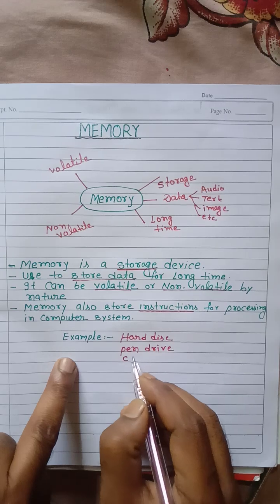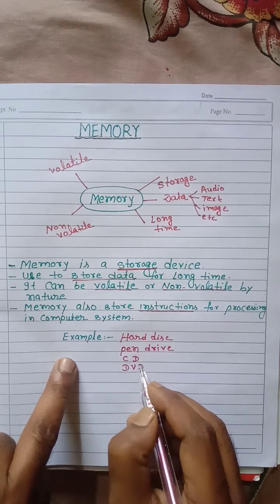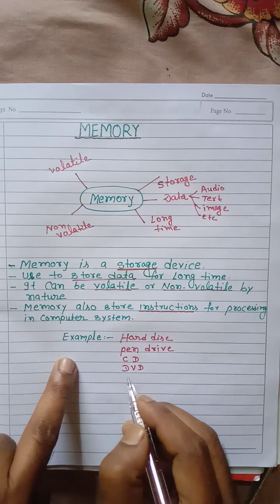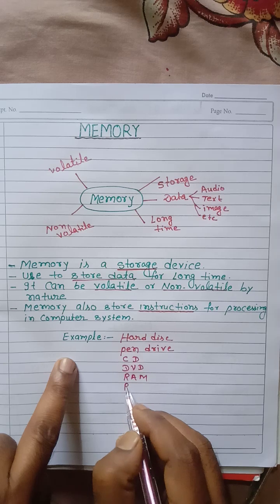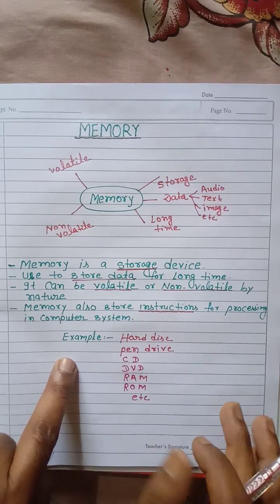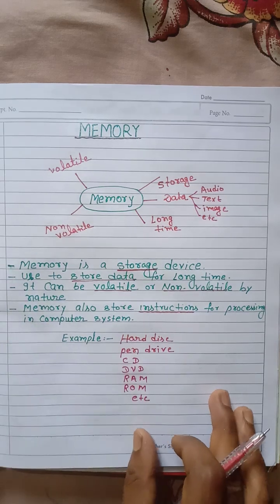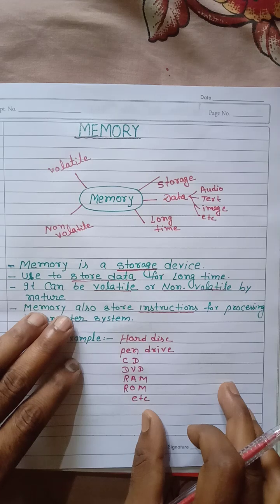It can be CD, DVD, RAM, ROM, etc. So we learned here what memory is and some examples of memory.